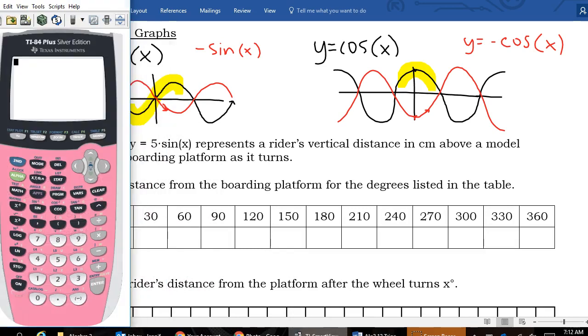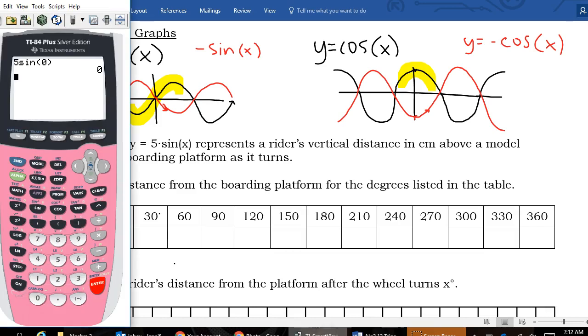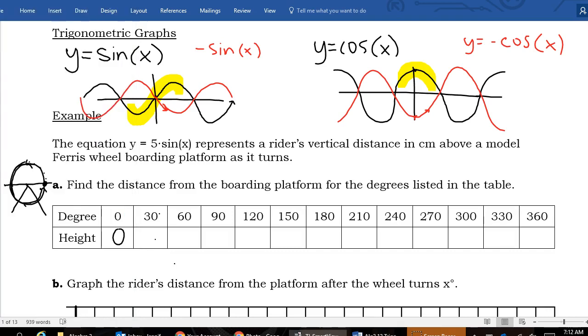So I'm going to start with 5 sine 0, and make sure I'm in degree mode, and that is 0. So 5 sine 0 is 0. Now I'm going to substitute 30 degrees into my equation. 5 sine 30 is 2.5.